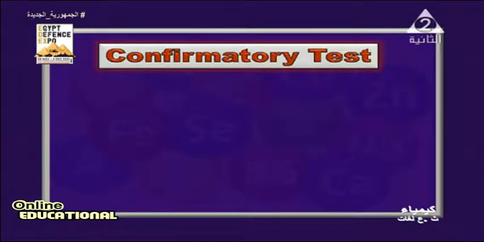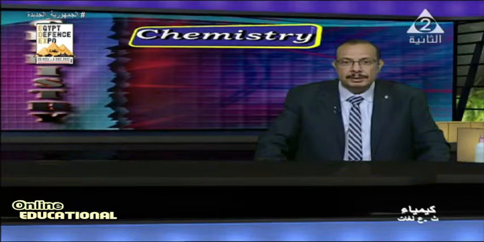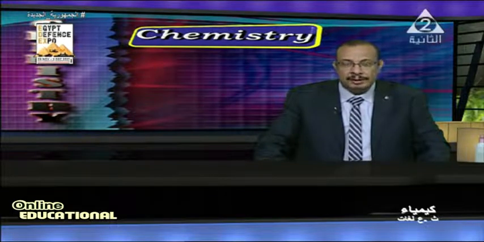The confirmatory test. Here the salt solution plus freshly prepared concentrated solution of iron 2 sulfate. My dear students, now the confirmatory test of the nitrate anion, we have to use iron 2 sulfate.